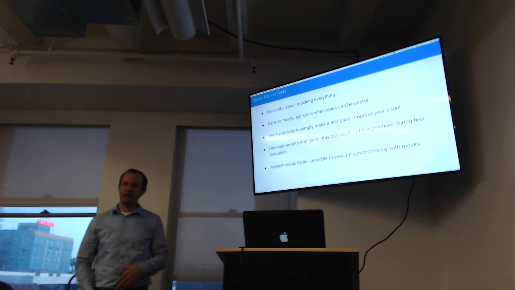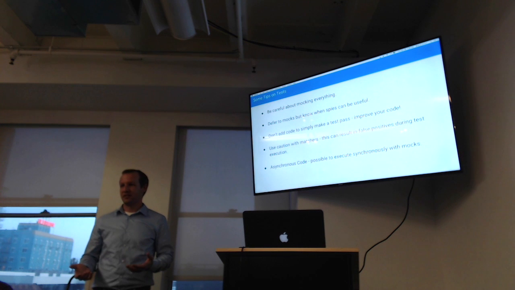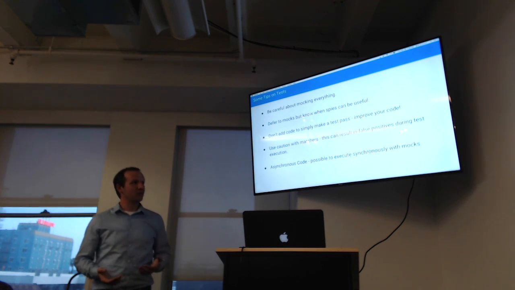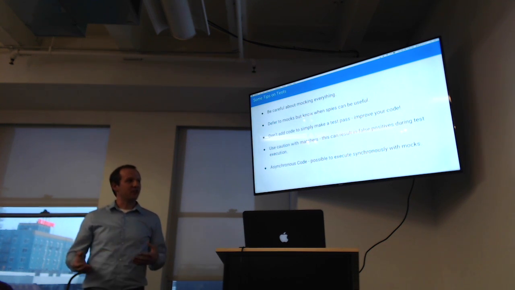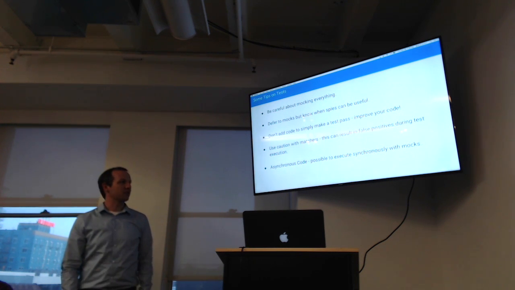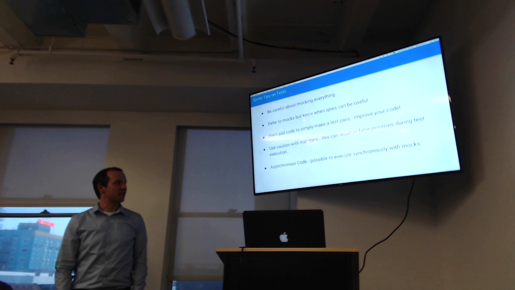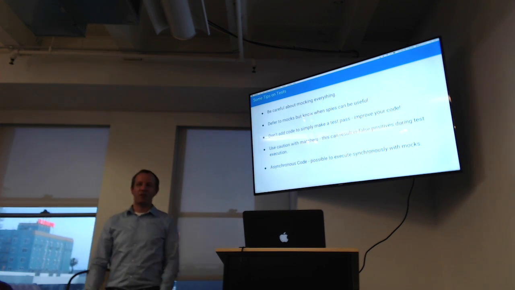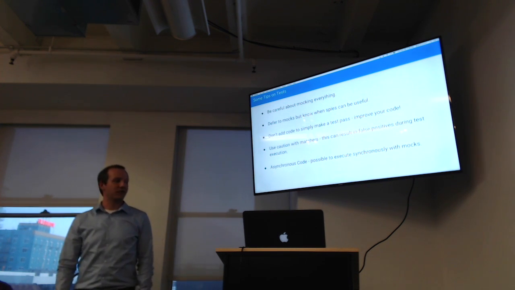But maybe your object under test is passing the wrong values to that method, and now your stub is being invoked, but maybe it shouldn't be. So if you are covering scenarios with matchers incorrectly, you could also end up with false positives during your test execution. Asynchronous code, well, there's a lot of callbacks going on in Android and Java code in general.